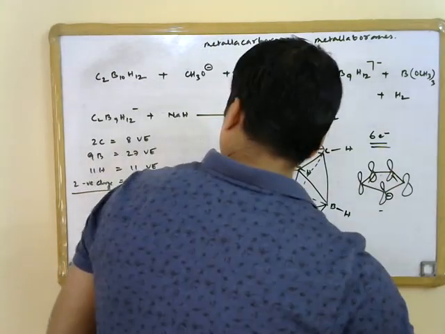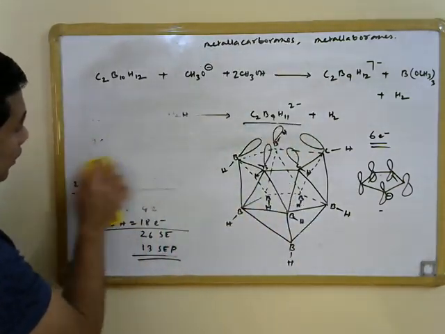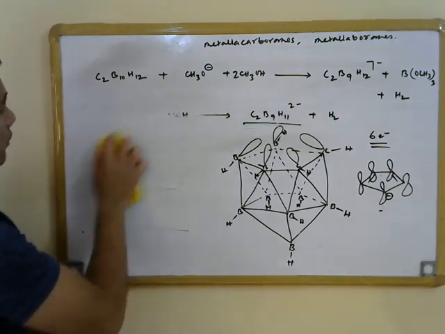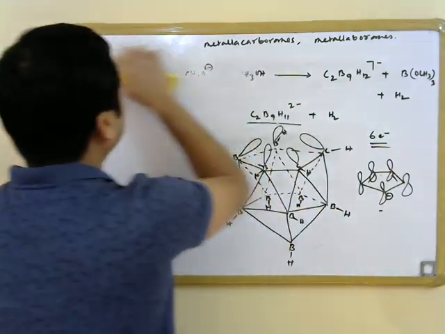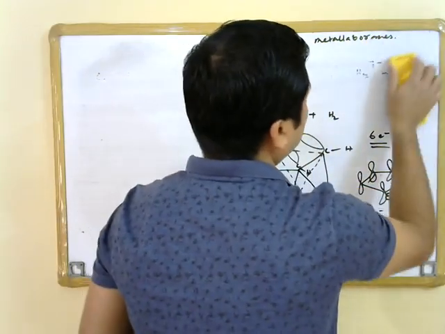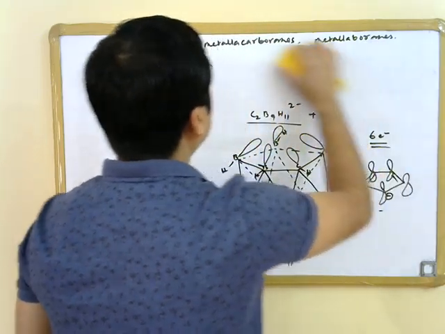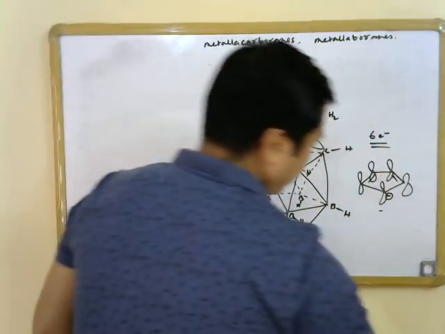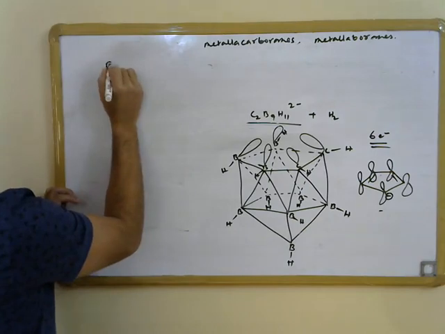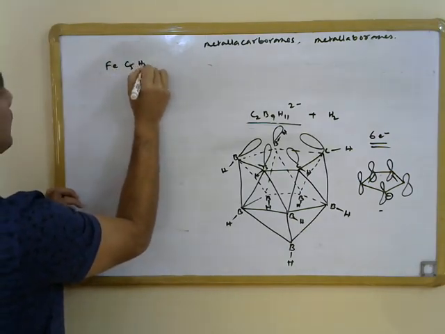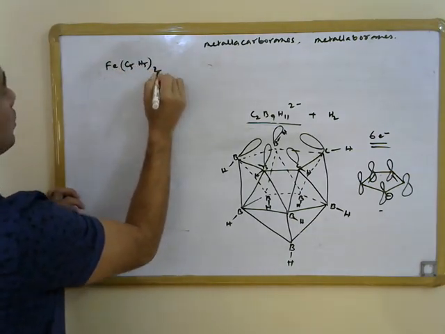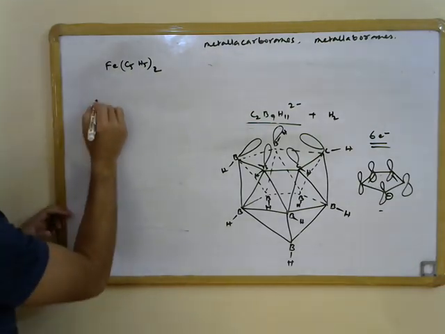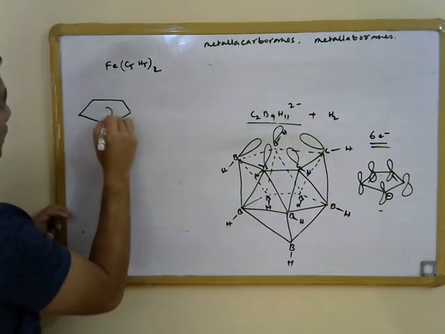So we know one of the very important compounds formed by the Cp ligand, or cyclopentadienyl ligand, is the ferrocene molecule, which is Fe(C5H5)2, and its structure is very interesting.